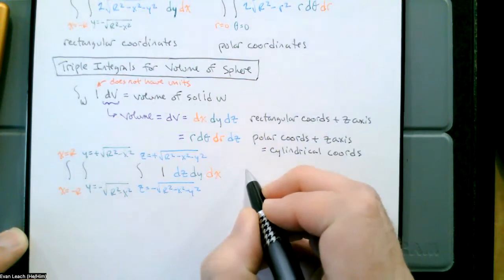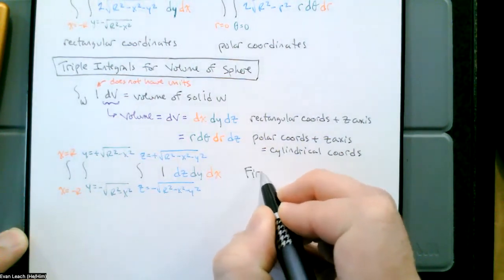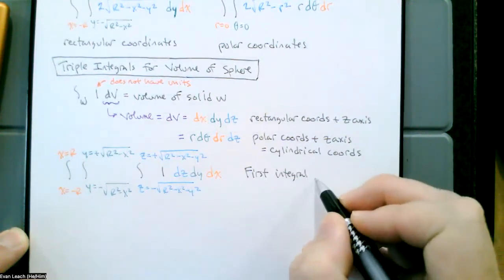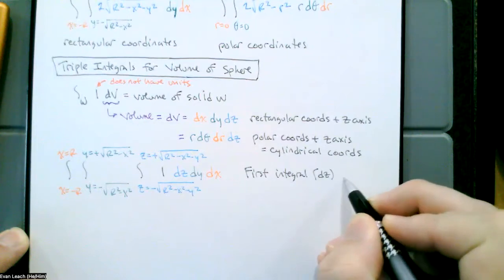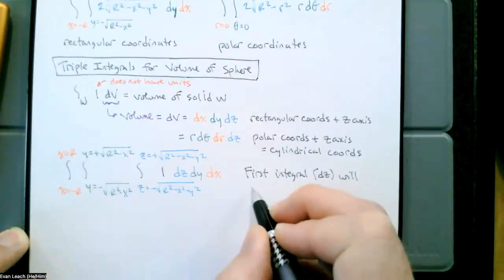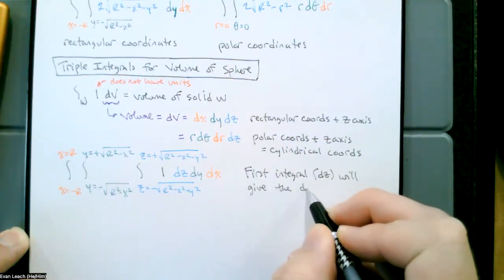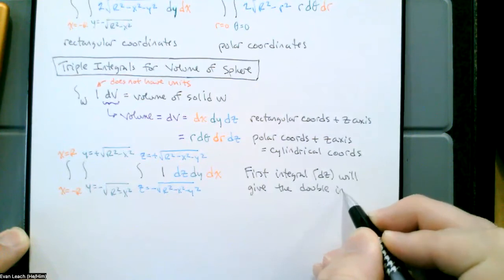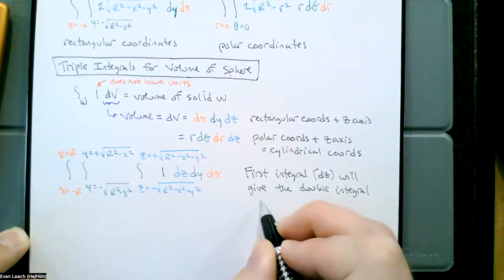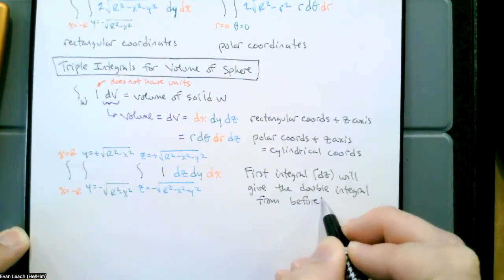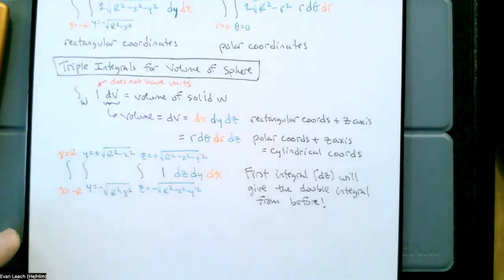The first integral that we calculate, the dz integral, will just send us directly to the double integral that we had before.